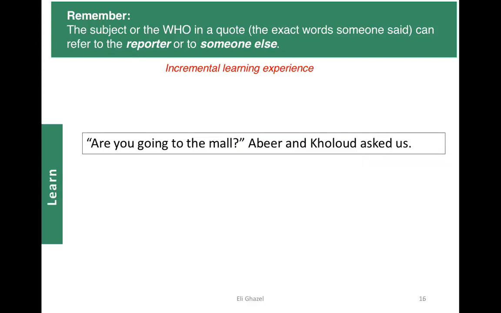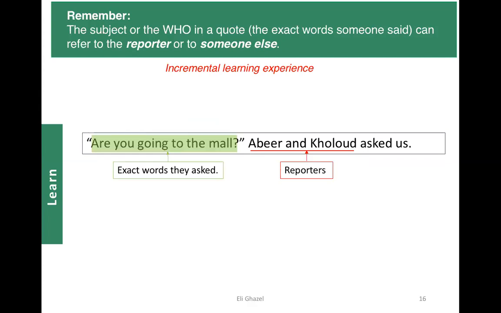Let's try this again. "Are you going to the mall?" Abir asked, and Khulud asked us. So we've got here the people speaking or asking or reporting, Abir and Khulud. Those are their exact words: "Are you going to the mall?" And the subject of "are you going to the mall" is you. So our job in comprehension is that our minds have to refer the you to someone.